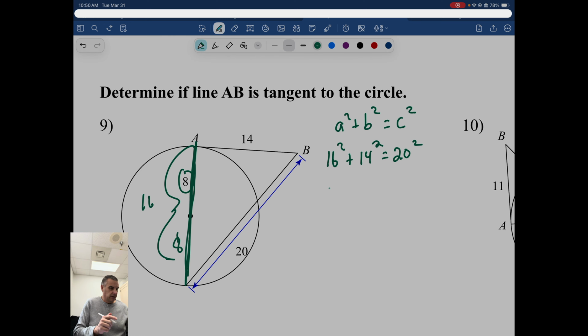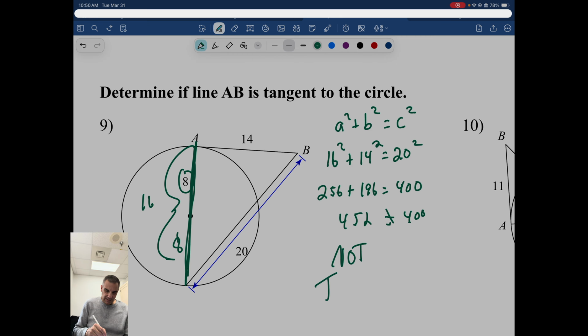The 16 squared is 256. 14 squared is 196. 20 squared is 400. 256 plus 196 equals 452, which is not 400. So that is not nice. I'll work on my penmanship one of these days. I think I probably say that every video. It's not tangent. Since they're not equal, it's not tangent.